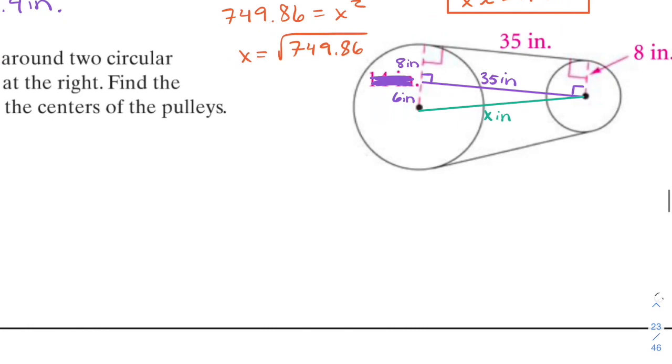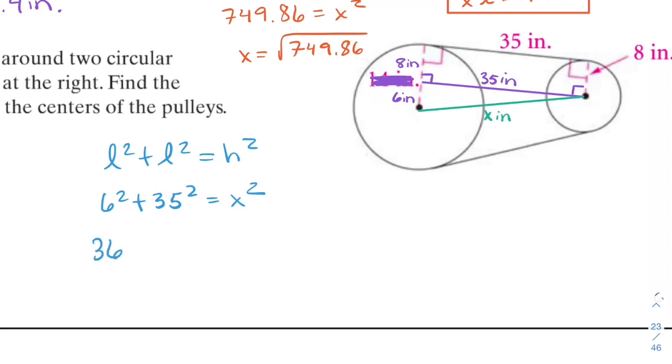So we'll do the same thing. 6 squared plus 35 squared equals x squared. And we have 36 plus 1225 equals x squared.